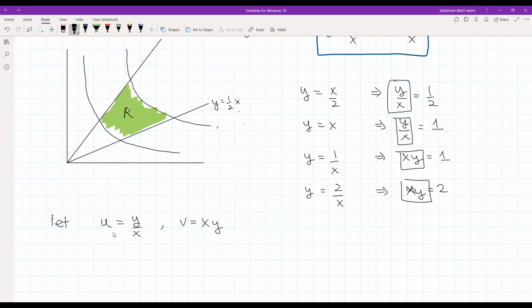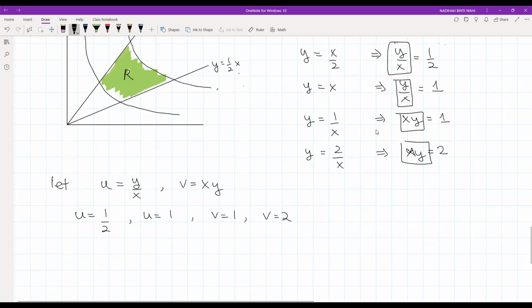So what does it mean? It means now you have u equals 1/2, u equals 1, v equals 1, and also v equals 2.